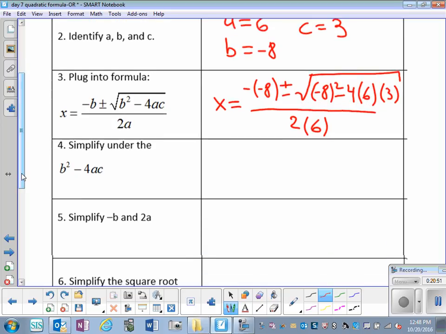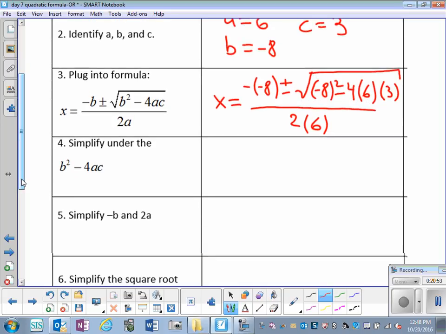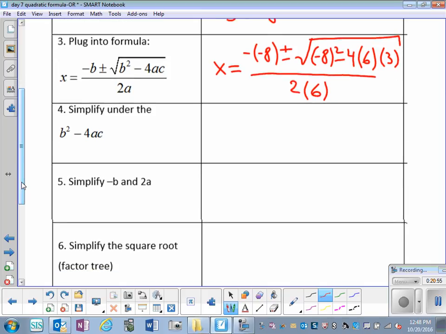Now I start simplifying, one by one. Start with the radical, whatever is under the root. So I just rewrite and only worry about what's under the root.